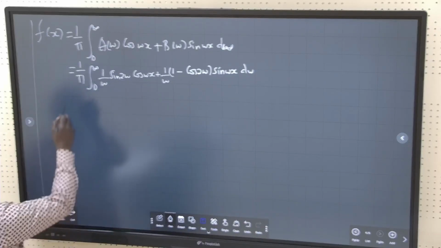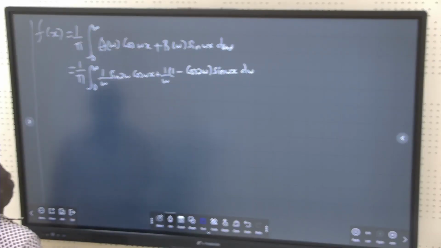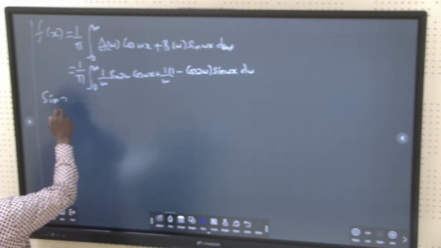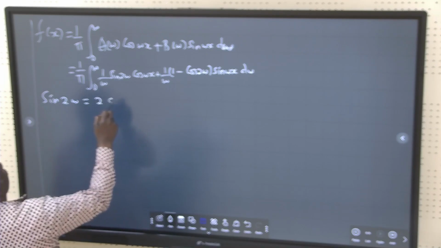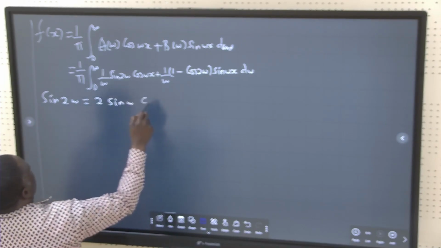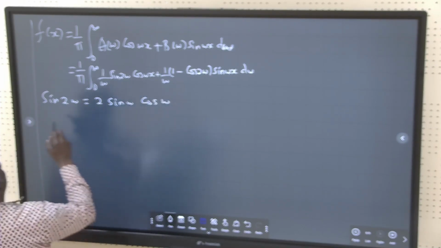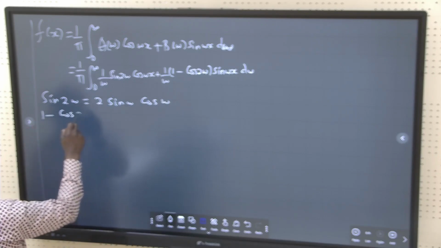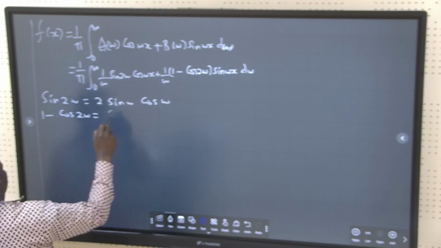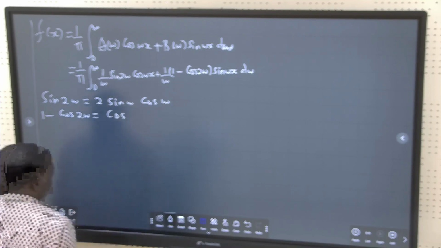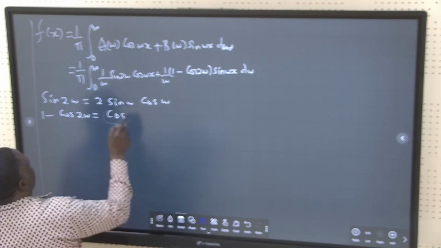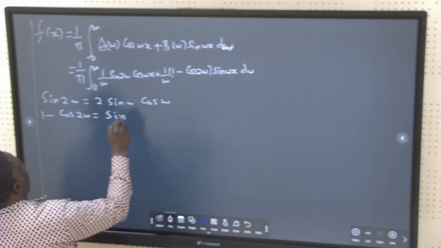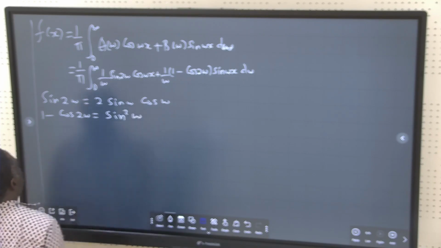All right, so we know that sine 2ω equals 2 sine ω cosine ω, and 1 minus cosine 2ω equals 2 sine squared ω.